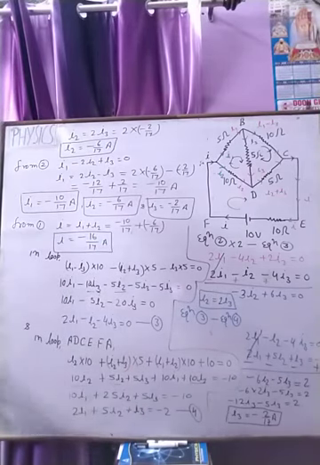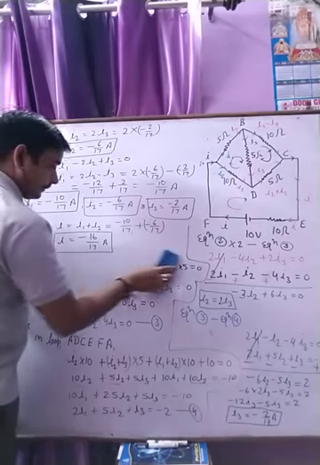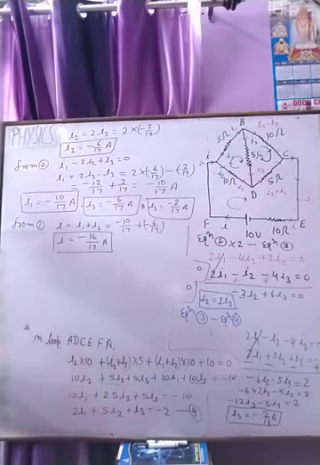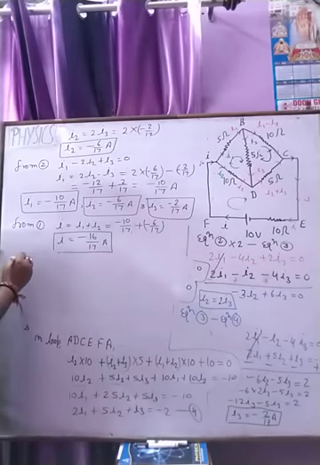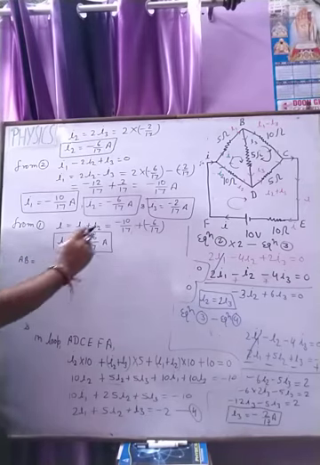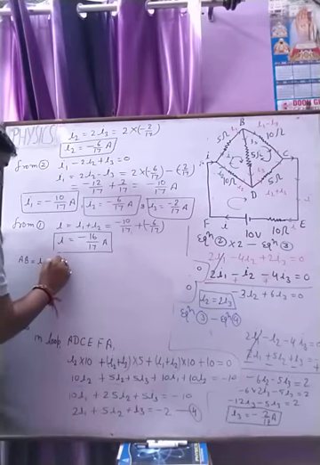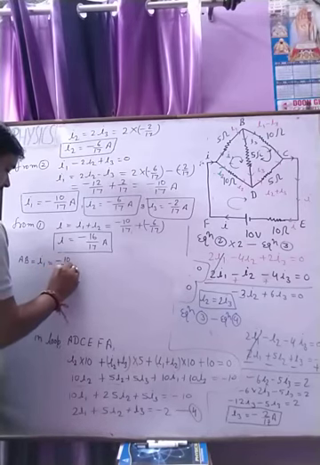Therefore the last point is, current in branch AB is I1, which is minus 10 by 17.